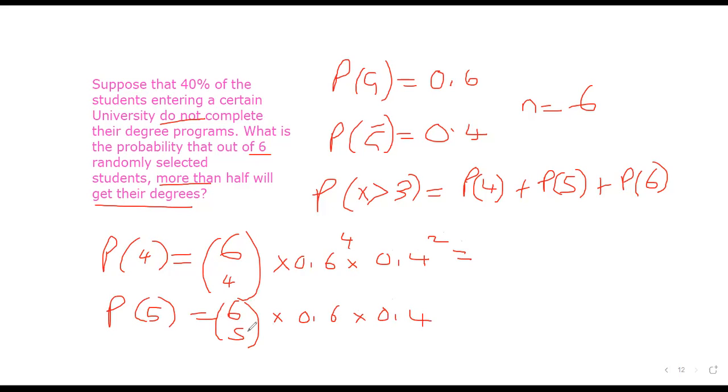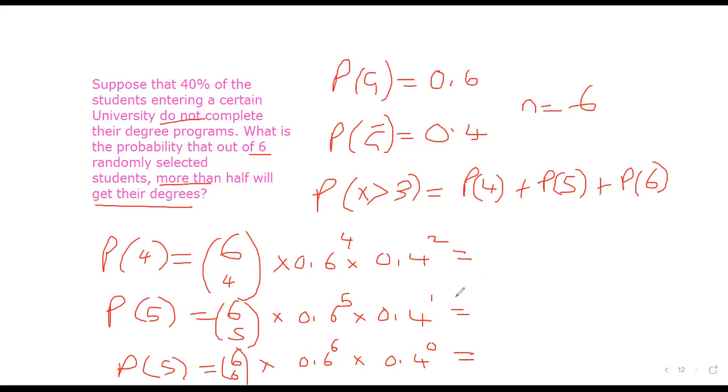What comes here? 5. What comes here? The remainder. And finally, 6 combination 6, with 6 on the 60% and 0 on the 40%.